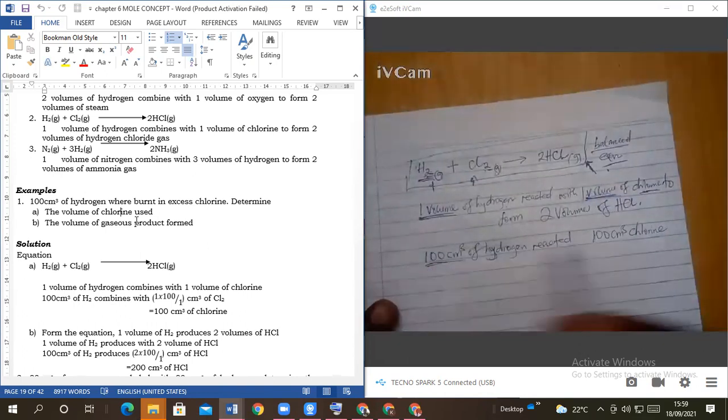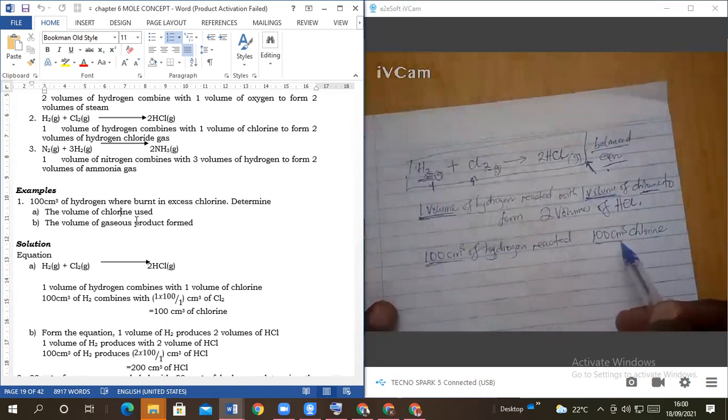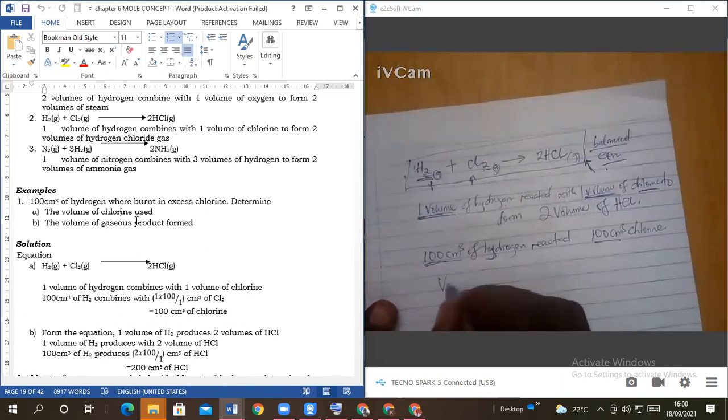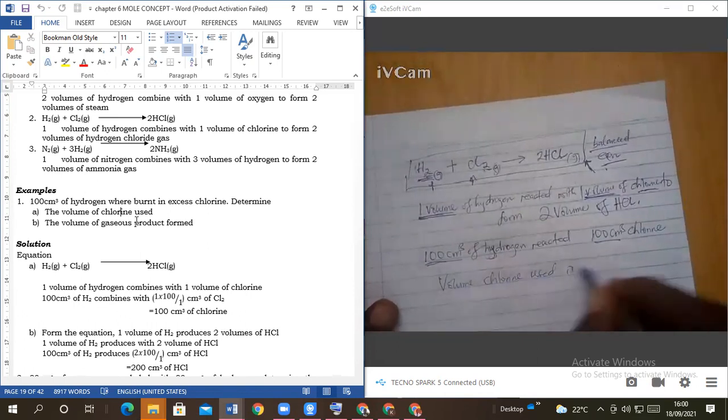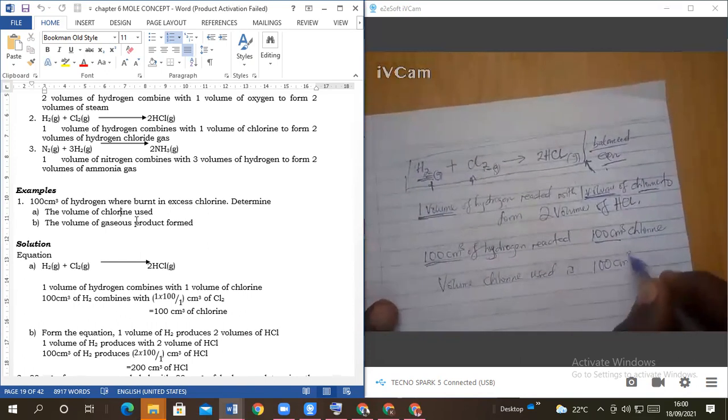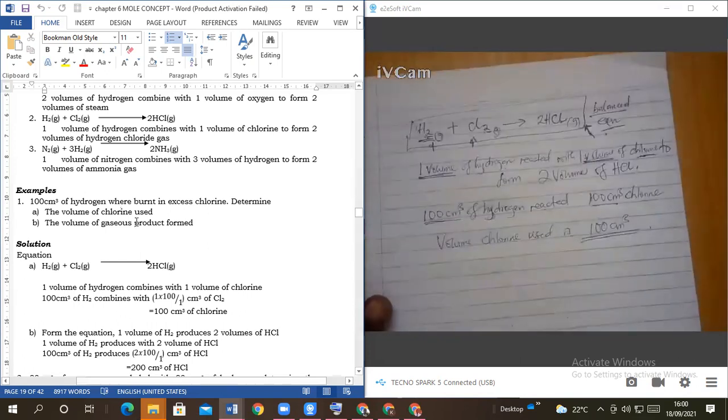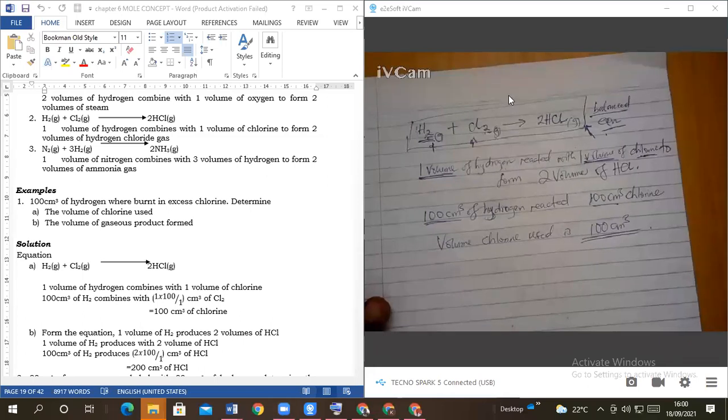So if this is 100, the rest remains what? 100 cubic centimeters. So the volume of chlorine used is 100 cubic centimeters. Is that clear? Yes, teacher. Okay. Let's proceed.